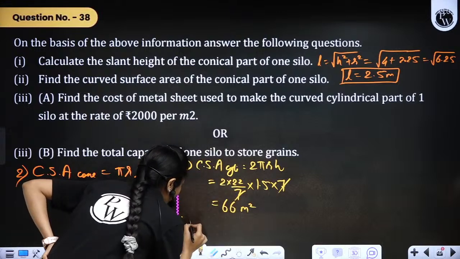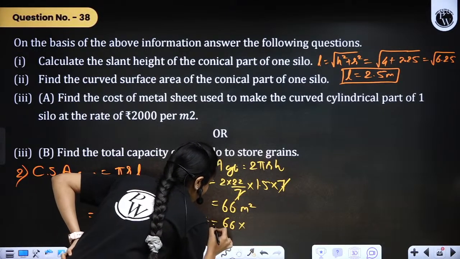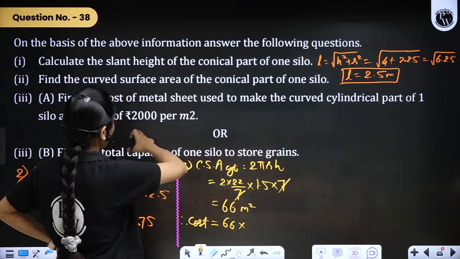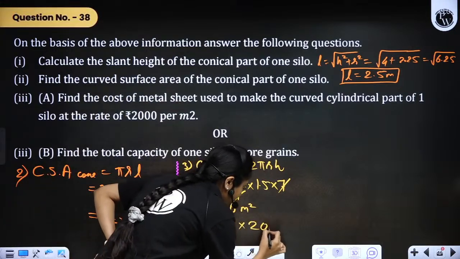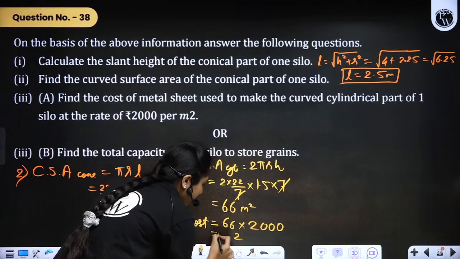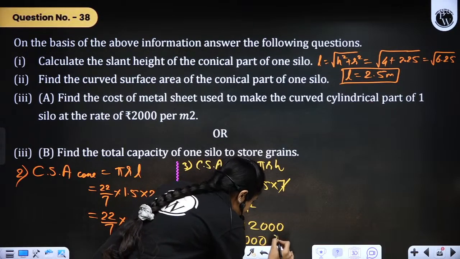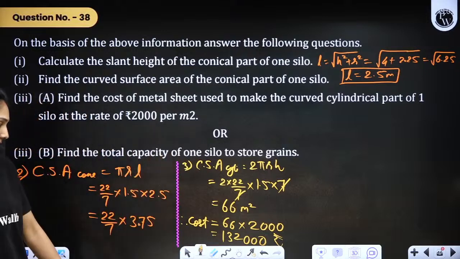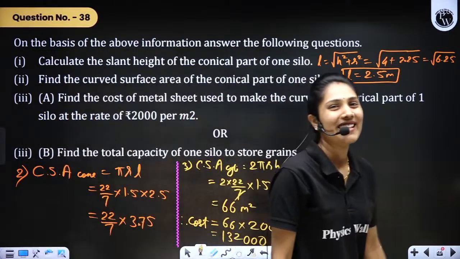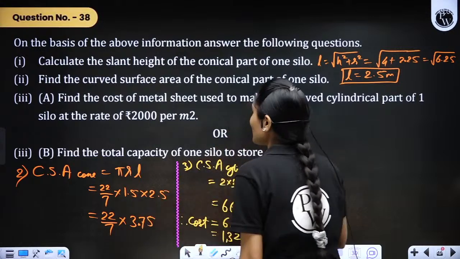And therefore the cost will be 66 into 2000, which is 1,32,000. So the third one is done.